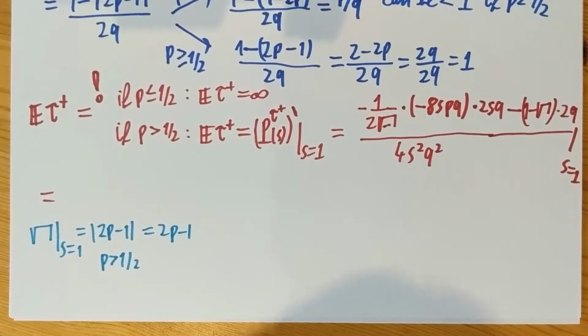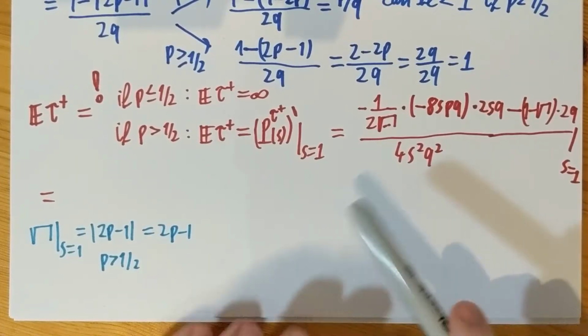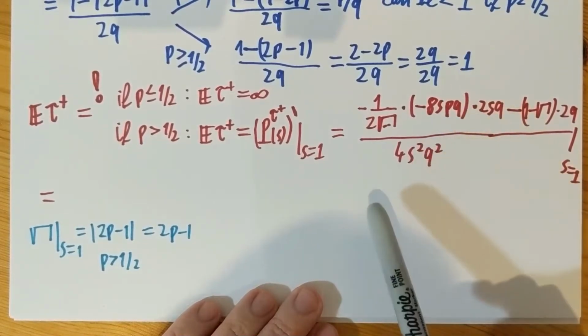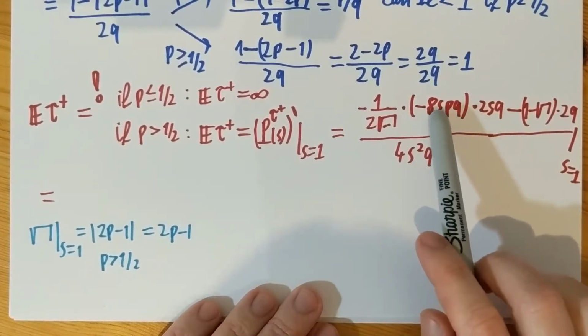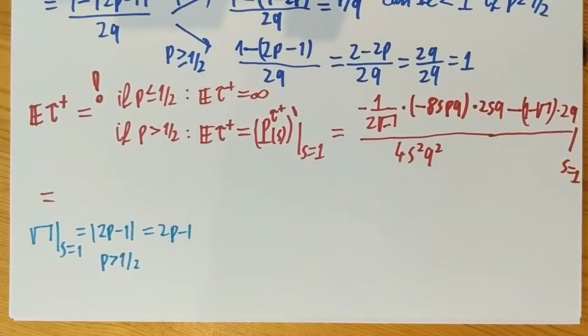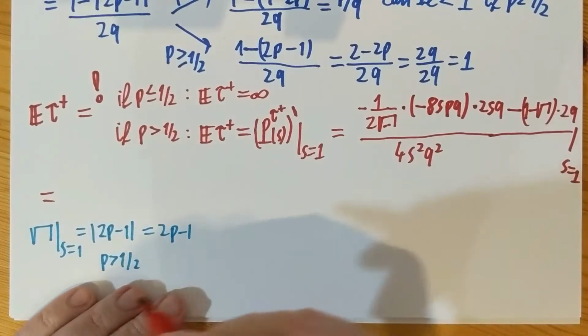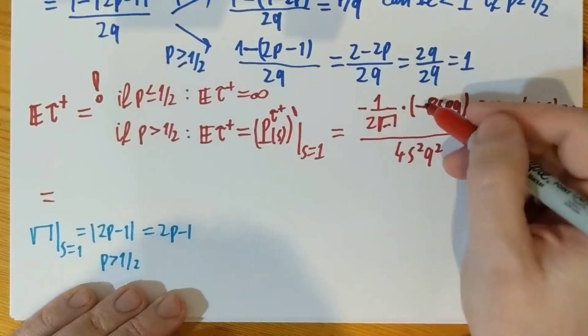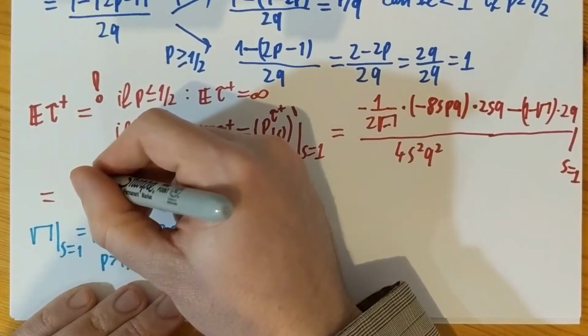Let's see what else we can cancel. Let's cancel with a 2 for the moment. The minus will cancel, so that's a plus.